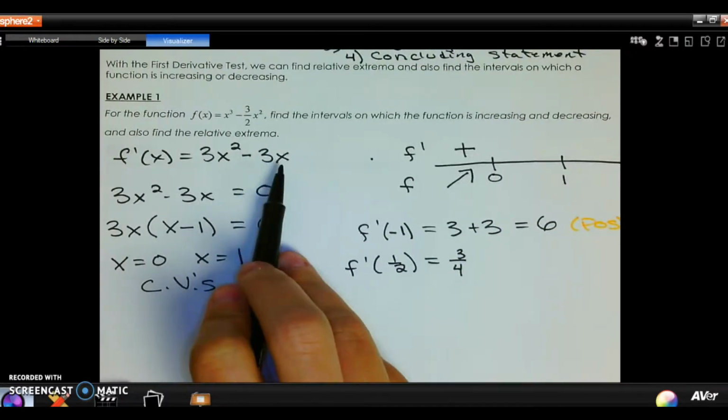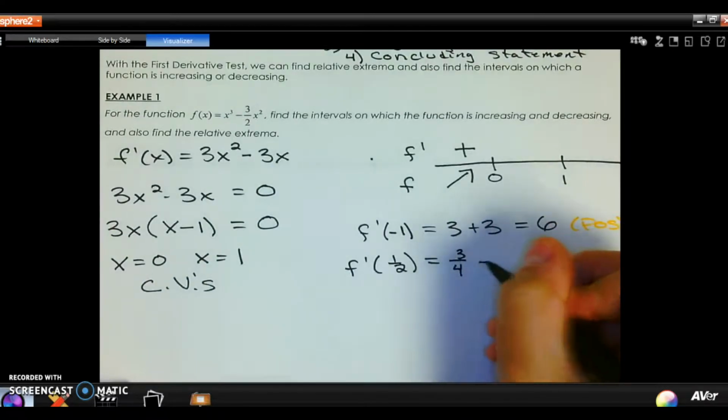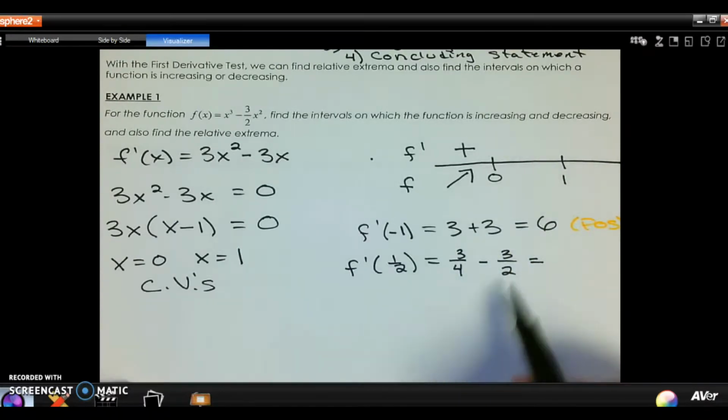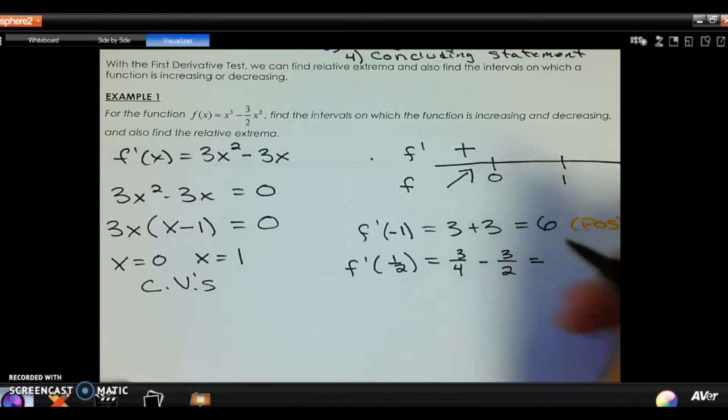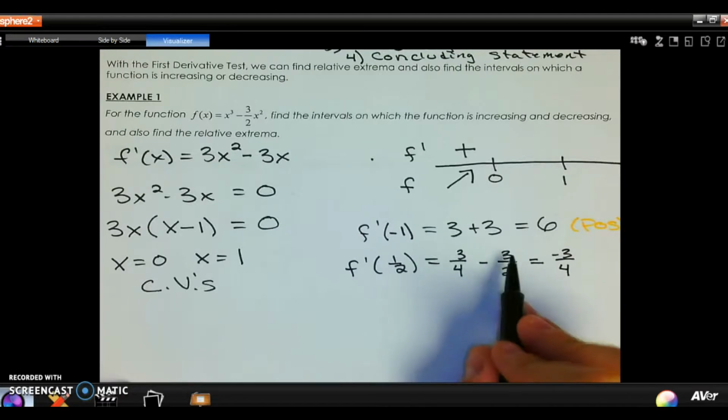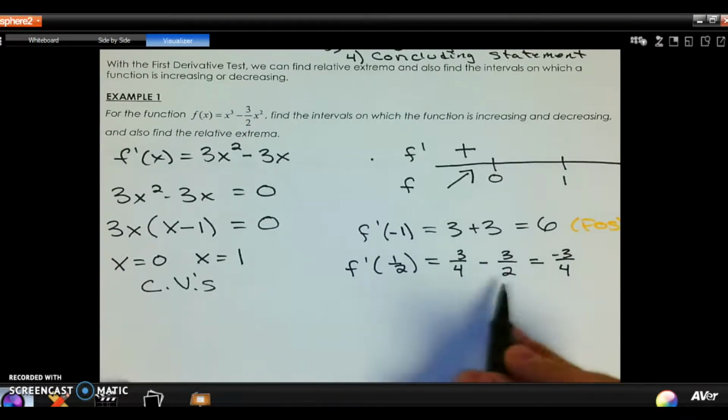And then when I plug in a half over here, I get negative 3/2. And this is where you can get lazy. Hopefully you can add those together with a common denominator, because you'd have a 6. So 3 minus 6 is negative 3/4.